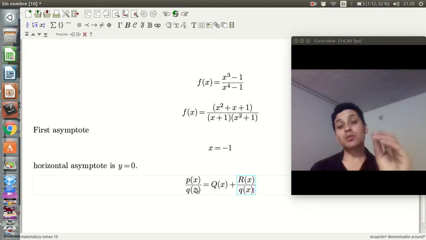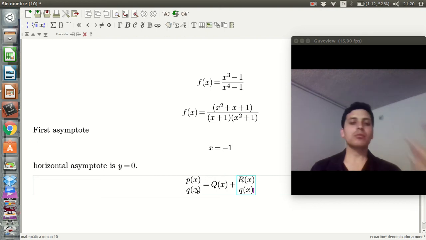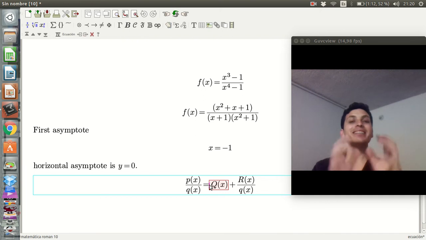As we apply long division, or you can apply synthetic division if q is of the form x plus a, we have a remainder with a degree less than the degree of q. So it means that capital Q of x is the asymptote. If capital Q of x is a number, we have a horizontal asymptote.